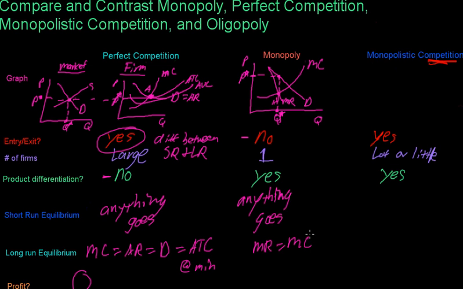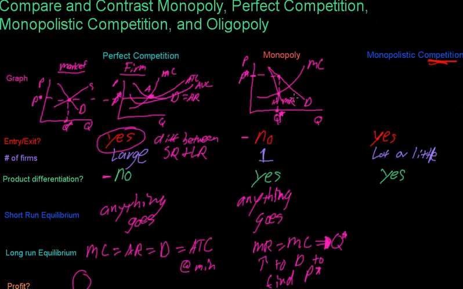And then you go up to demand to find P star. So where marginal revenue is equal to marginal cost gives you your Q star, and then you go up to the demand line to find how much you can actually charge for that quantity.